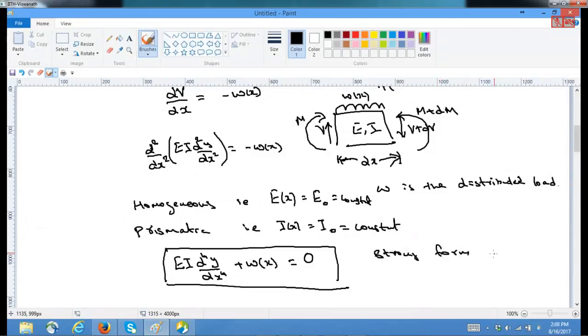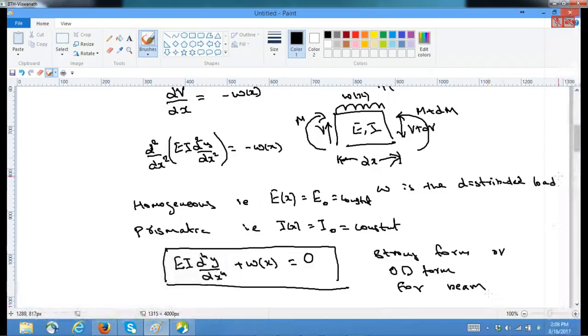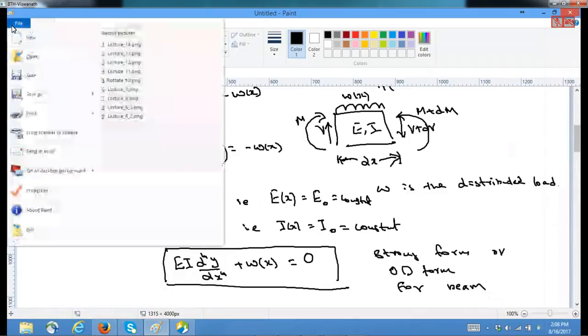Or the ordinary differential form for the beam. But we know that we are not solving this problem directly. We tried to solve this problem in an analytical manner for one of the cases in the previous lecture.